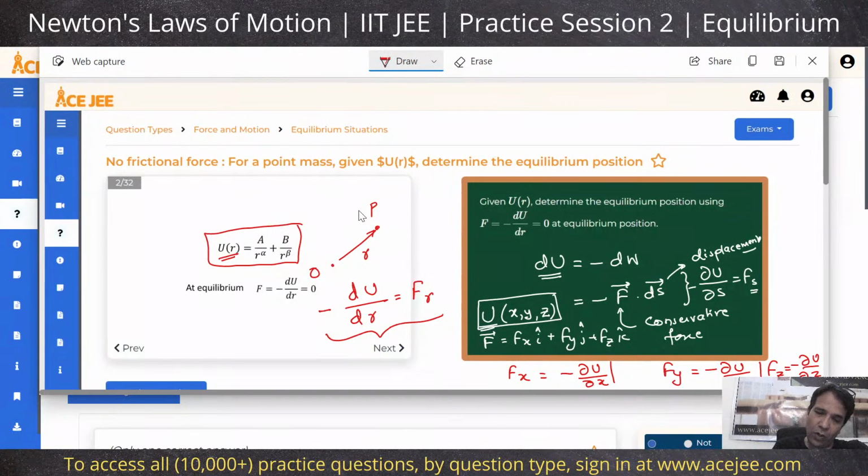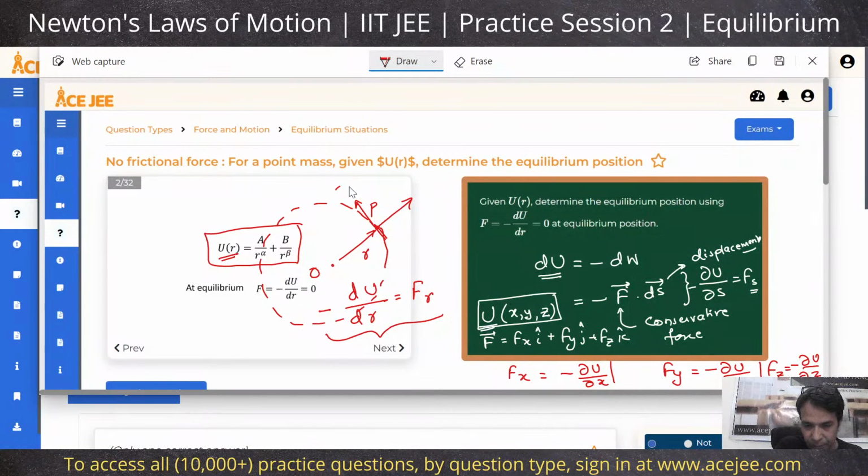What will be the force along this tangential direction, let's call it F theta? That will be 0, because there is no change in U if I move tangentially. That means del U by del theta, or del U by del s along the tangent, would be 0. So the force is only in this direction.